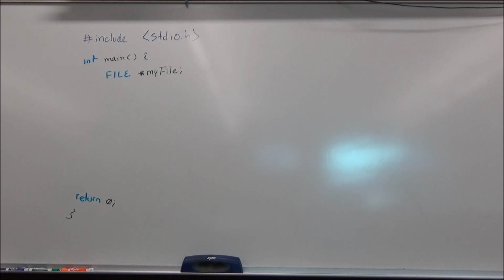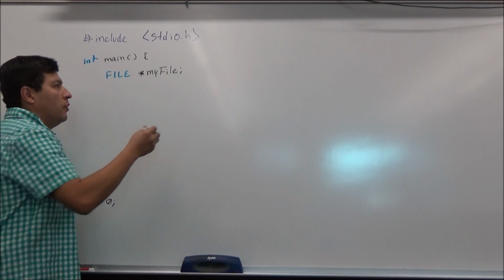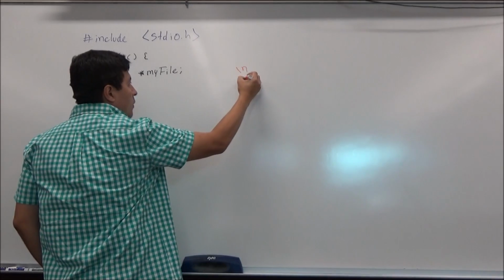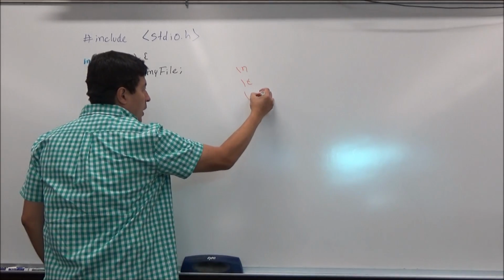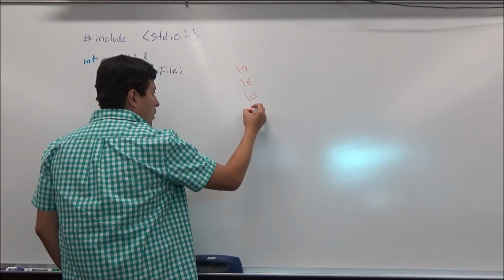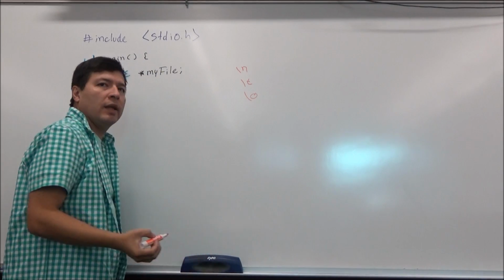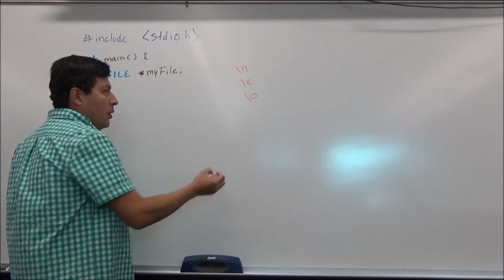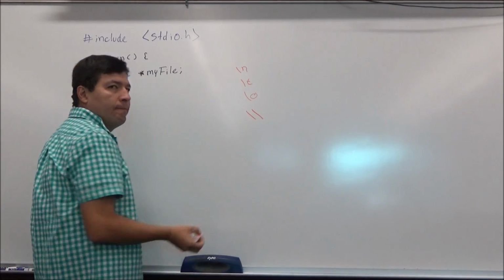So remember when we're talking about strings, we use the new line or the tab and the null terminator. But if we want backslash, we'll have to do it twice, right?